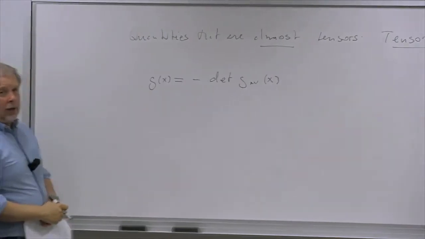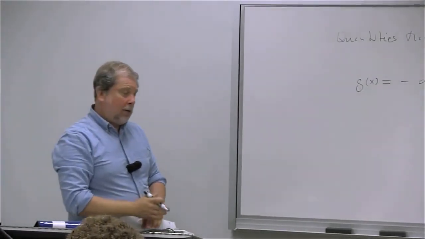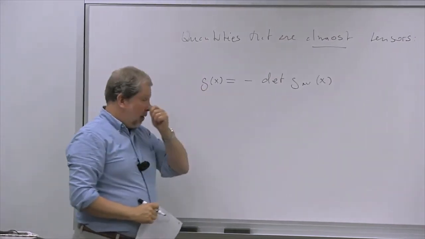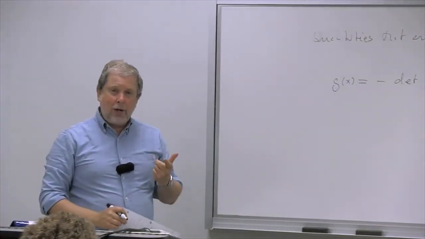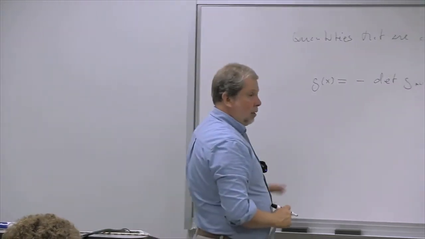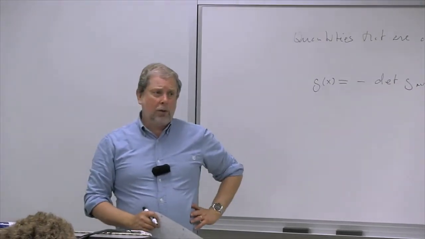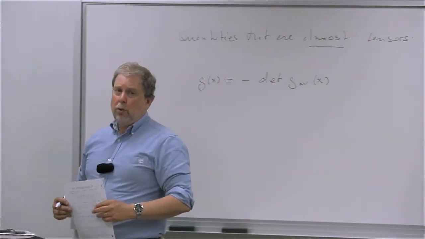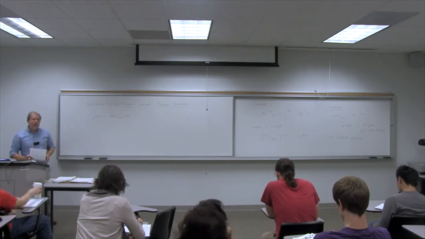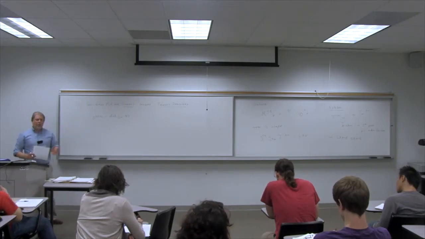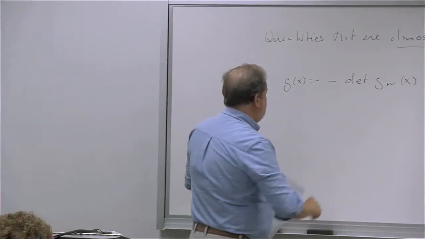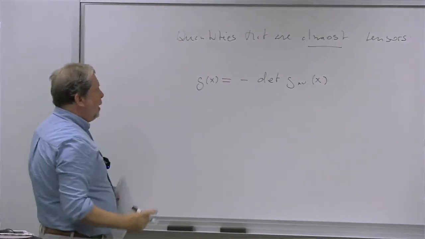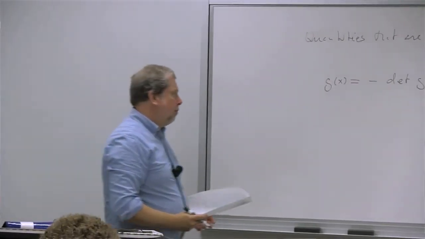And so we can calculate the determinant of this thing, and then it's conventional, and I think it's a good reason to do that, to define little g to be minus the determinant, because this turns out to be a positive quantity most of the time, right? Remember that the g mu nu has a signature to it. It starts out in flat space as -1 and then +1, +1, +1. So that's the reason for this -1, and we're going to take the square root of this in a little bit. And so this determinant is actually not a scalar, right?